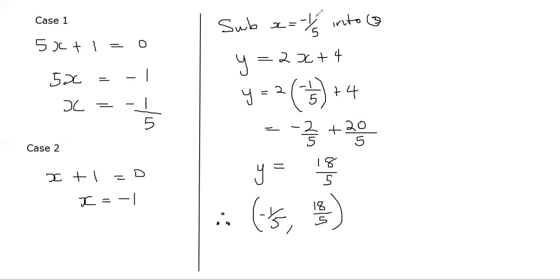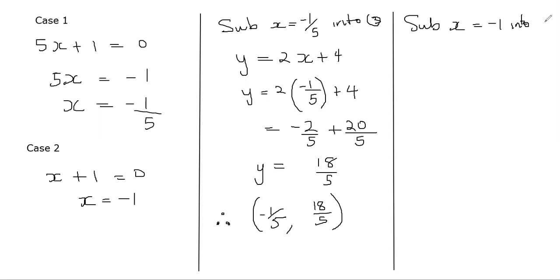For the second case, we're going to substitute x equals -1 into equation 3. So y is equal to 2 times -1 plus 4. 2 times -1 is -2, plus 4.